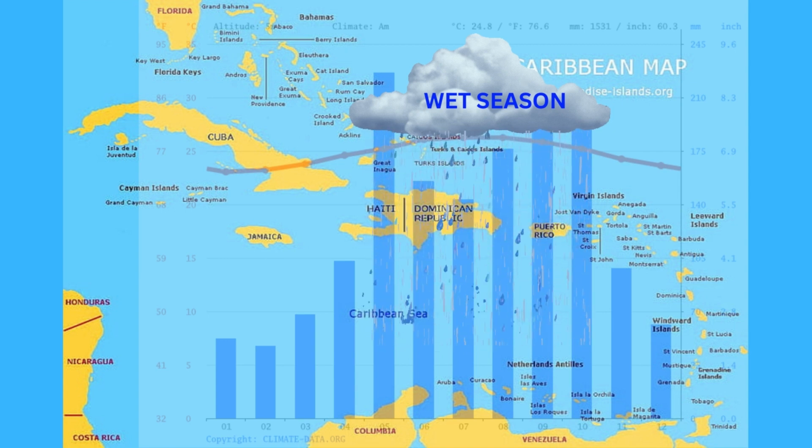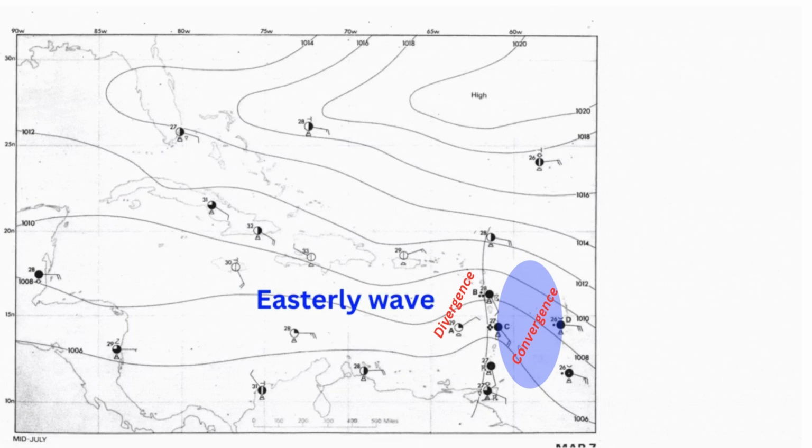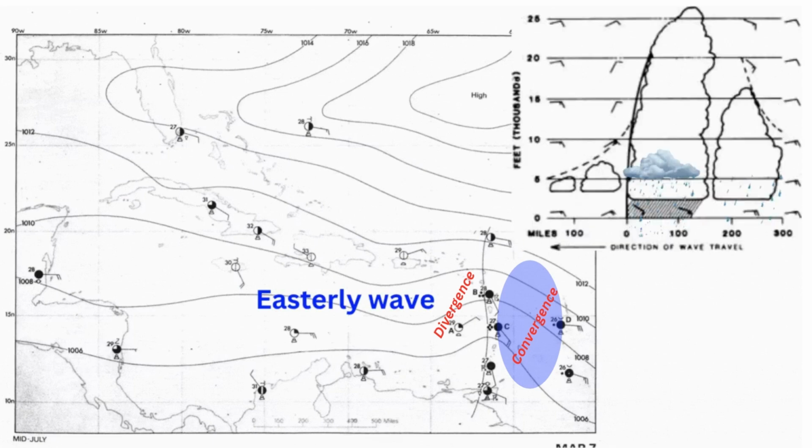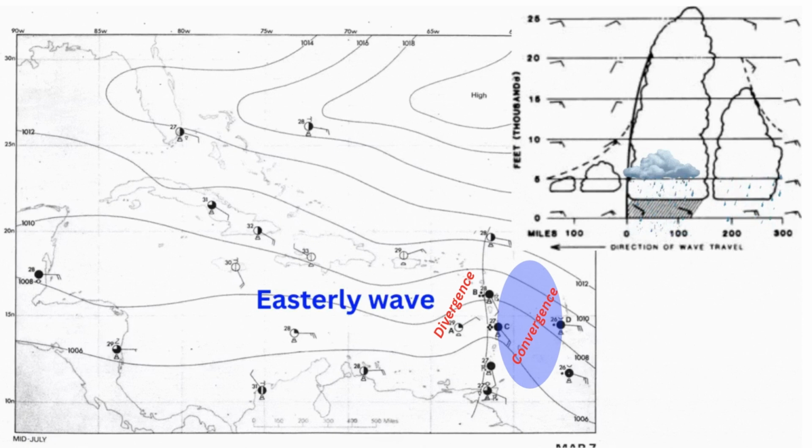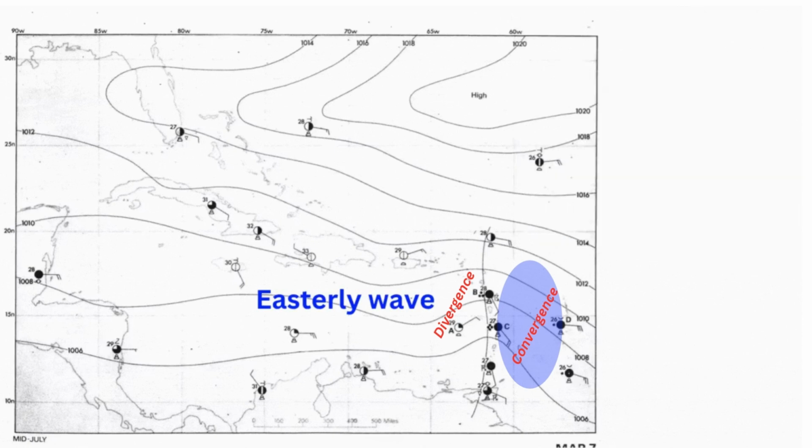Rainfall is brought on mainly by easterly waves and sometimes hurricanes and other tropical cyclones and disturbances. Easterly waves form within the northeast trade winds. It is a trough and not a cyclone, so the isobars are not closed.